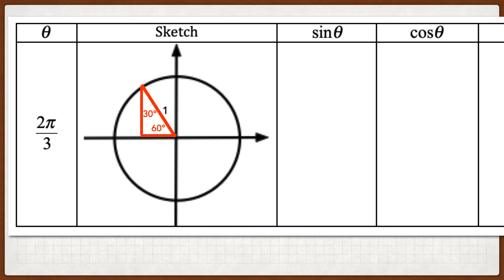The hypotenuse has length 1. The short leg of a 30-60-90 triangle, 1/2, is opposite the smallest angle. It's in the negative x direction. The longer leg, √3/2, is opposite the larger angle. It's in the positive y direction.